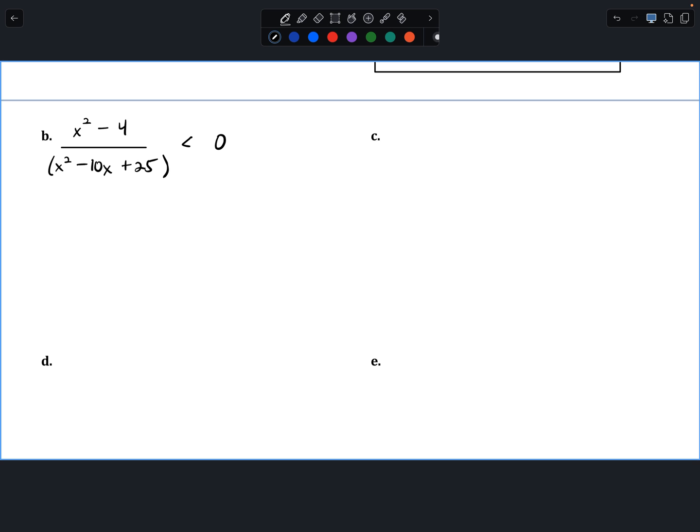What do I need to do first? Factor. What is the top factor to, guys? What does the bottom factor to?